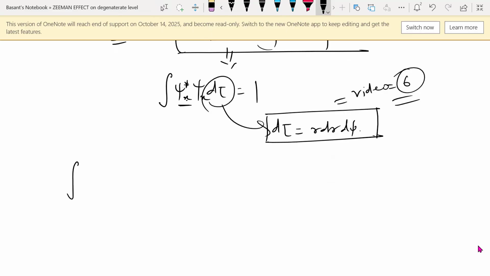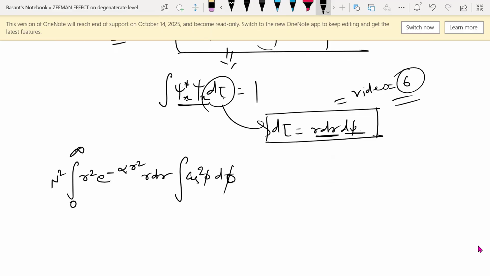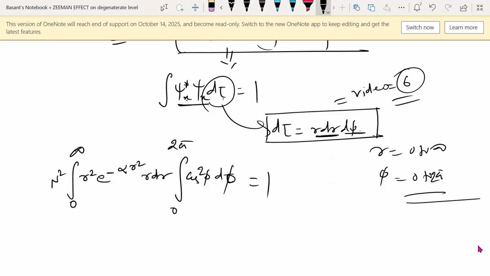So this is equal to N square, and this gives r square e to the power minus alpha r square, squaring the function, and r dr, this is the radial part also, 0 to infinity, and the phi part becomes cos square phi d phi, from 0 to 2 pi, because r varies from 0 to infinity and phi varies from 0 to 2 pi. So this integration must be equal to 1.